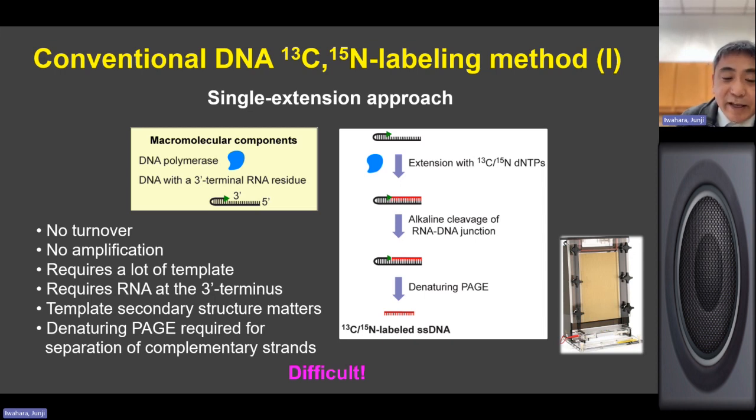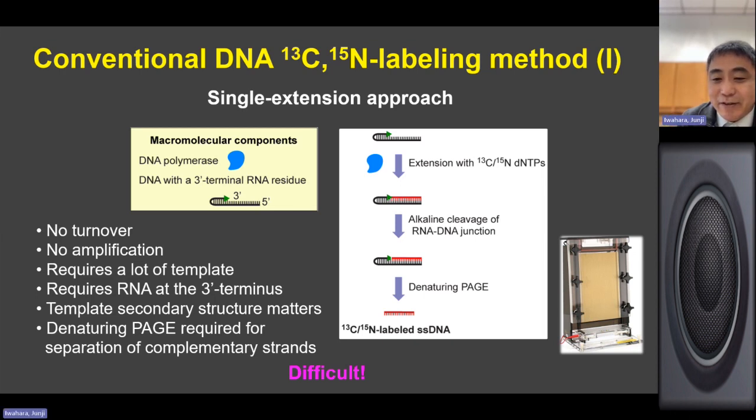And after extension, just a single extension for each template molecule, the reaction mixture is subjected to alkaline cleavage at high pH and high temperature. And a nick is introduced between the RNA 3' residue and the product. After chemical cleavage here, denaturing PAGE is used to separate this product from the template.